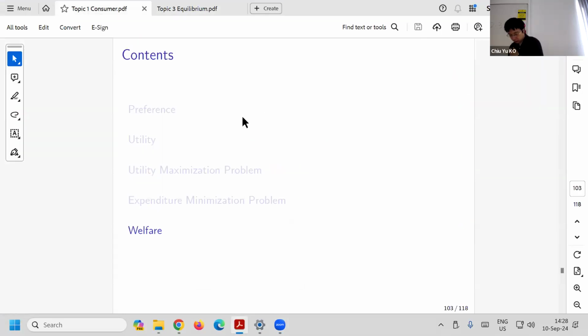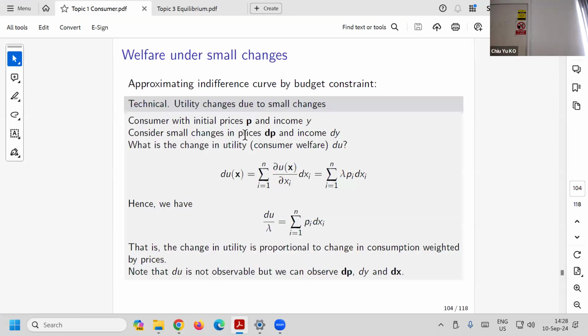So, welfare. The first one is slightly easier to see. We look at small changes in prices, and that often appears in empirical exercises. Suppose you implement some marketing campaign or government policy, you change some prices, you look at how consumers change, whether they're happy or not.